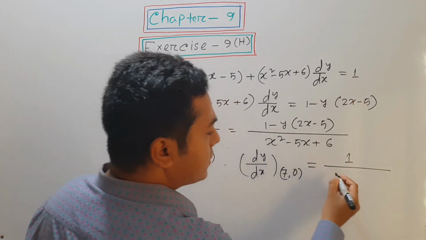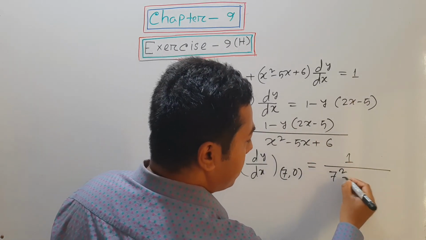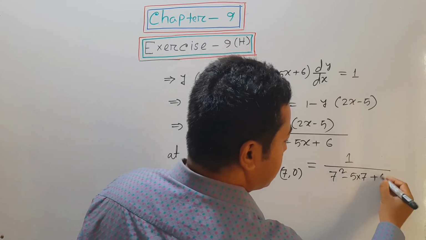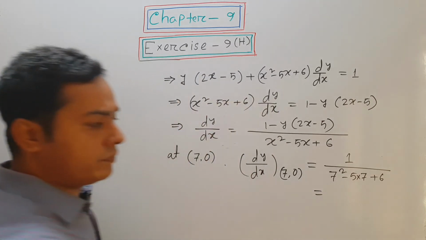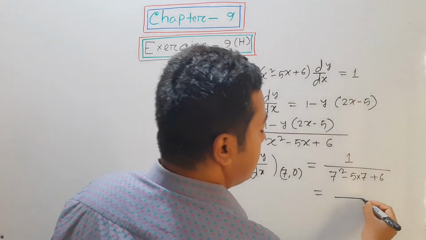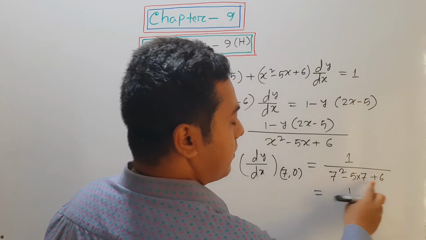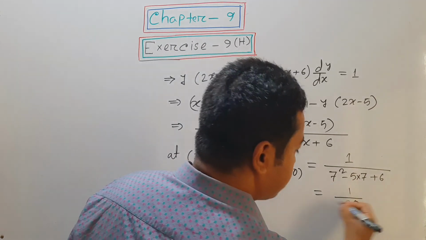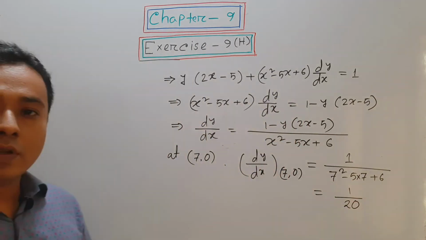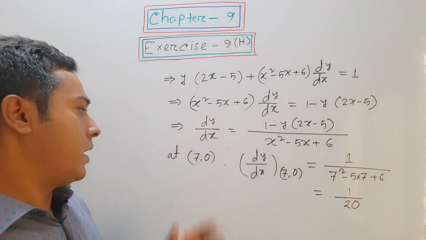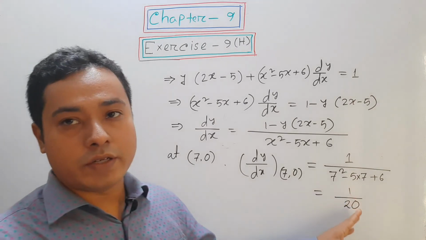And x is equal to 7, then 7 square minus 5 into 7 plus 6 is equal to 49 minus 35 plus 6 is equal to 20. Okay, now slope of tangent at 7, 0 is equal to 1 by 20.